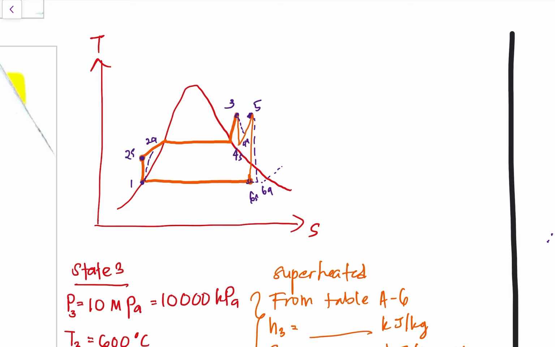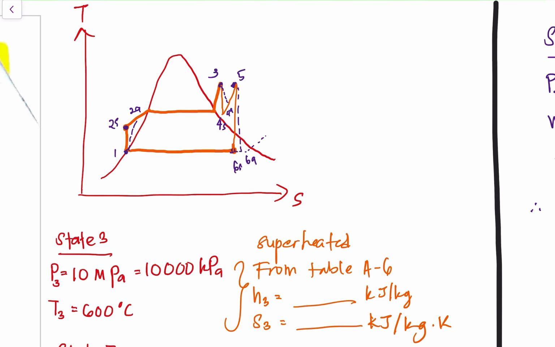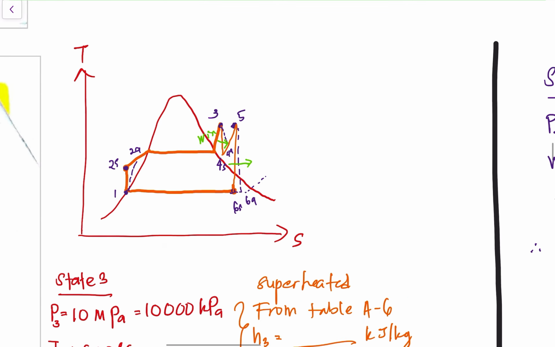So state 2 to 3, this will be the first Q in. State 4 to 5, this will be another Q in, the regenerator. So exiting our high pressure turbine, HPT, state 3 to 4, this will be the first work out, and state 5 to 6, the process through the low pressure turbine, this will be another work out.